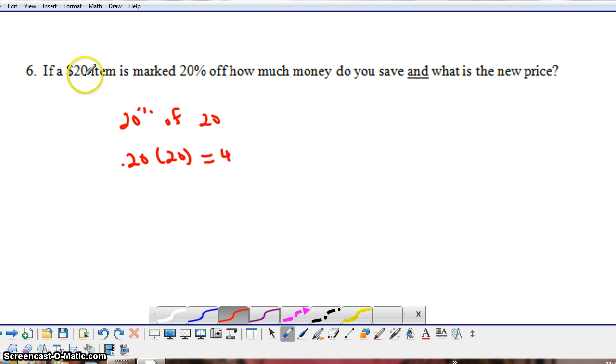An easy way to figure out 10% would be to divide this number by 10. 20 divided by 10 is 2, and then 2 doubled is 4. So we can either think of it as 10% of 20 doubled, or we can just take 0.20 times 20. But $4 is how much you would save. So that means the original price was 20, and you would subtract what you'd save, which means that your new price is $16.